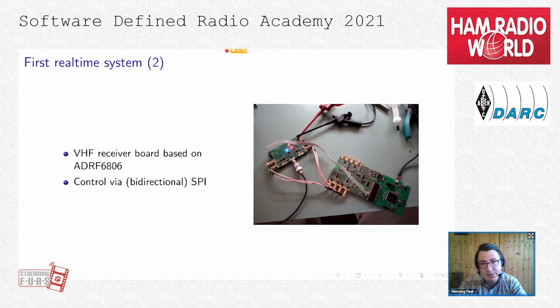This is a VHF receiver from something like 50 megahertz to, I guess, 500 megahertz, and I used it to receive weather satellite weather fax, using 130-something megahertz signals. Yeah, this worked quite well actually.